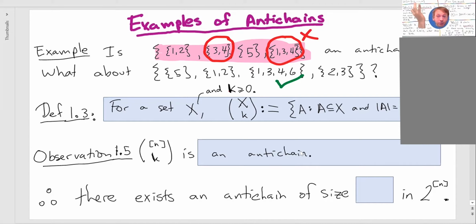If I take two different sets of size K, definitely one can't be sitting inside of the other, because if one has size K and it's sitting inside of another one, the other one has to have size at least K plus 1.